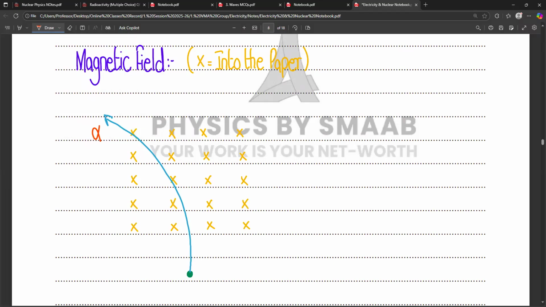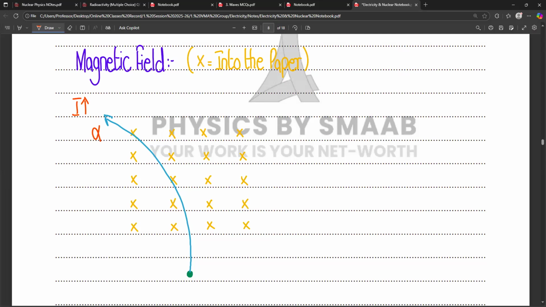If you consider the left hand rule, according to the left hand rule, the first finger points into the paper, right? So the first finger is pointing towards the screen, right? And the direction of current is in upward direction. Okay, so the direction of current is in upward direction.